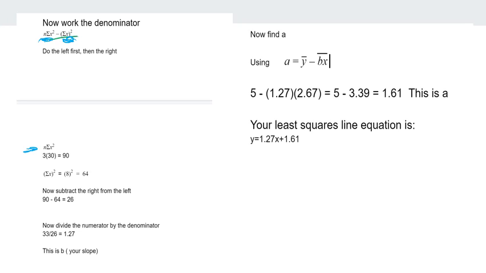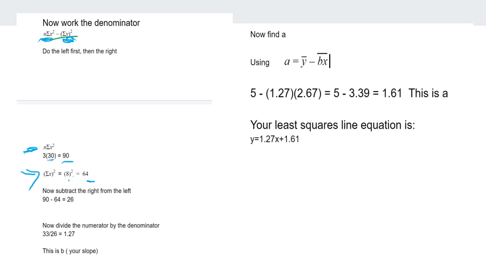It's super easy: take your n, which is 3, and the sum of your x squares, which is 30, and multiply the two, which gives us 90. Then take your second part, the sum of your x's, and square that. That will give us 8 squared, which is 64.